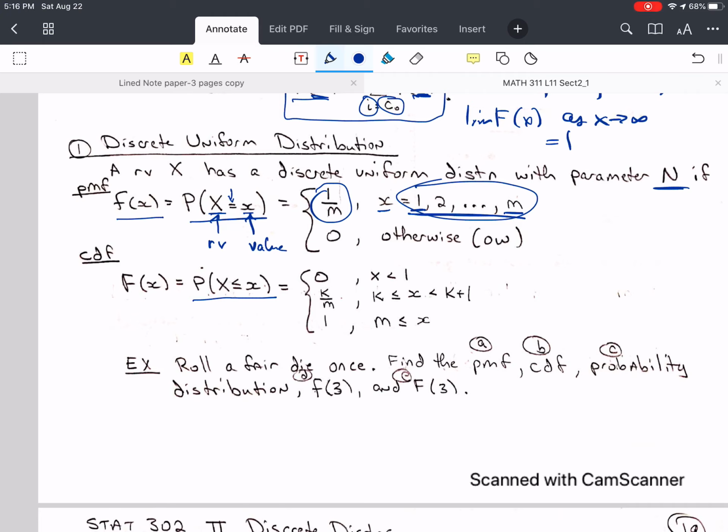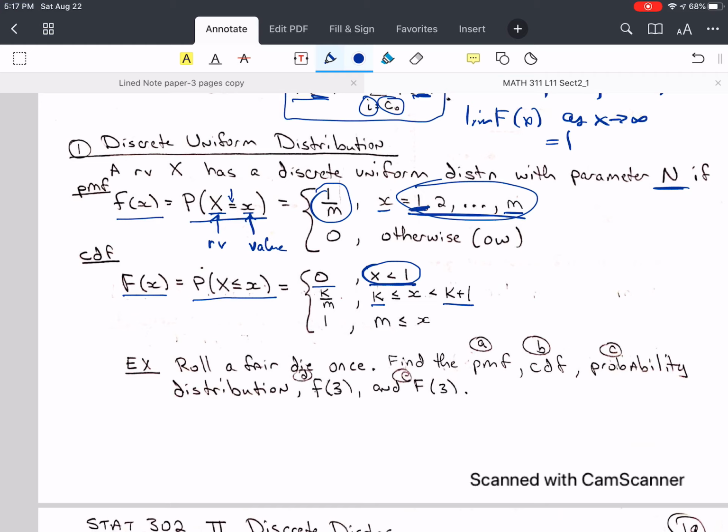So if x is below the lowest value it can take on, the support of x, or the space of x, then capital F of x, the CDF, is 0. And then when x is between, let's say, k and k plus 1 in the support of x, then it's k over m. And that's why this is the easiest one, starting at 1. Makes this an easy formula to write.